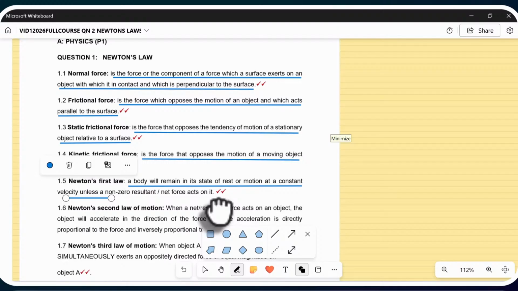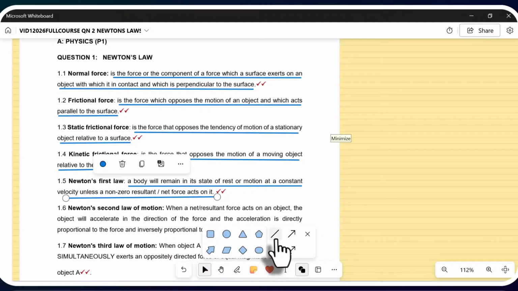Newton's second law of motion. Define Newton's second law of motion. What did we say in that case?